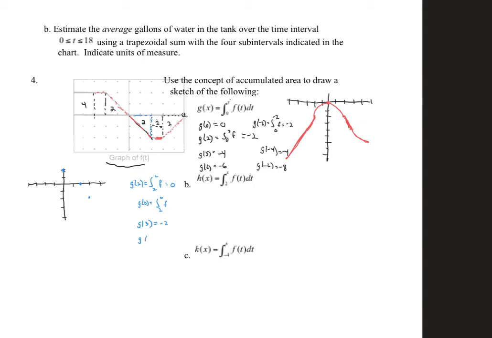I guess it's g of 5. Is that right? 1, 2, 3, 4, 5. I think I called that 6. That should have been back here. That should have been a 5, I believe. 1, 2, 3, yeah. Okay. So now g of 5 is going to add another -2 to that, so that's going to be a -4.